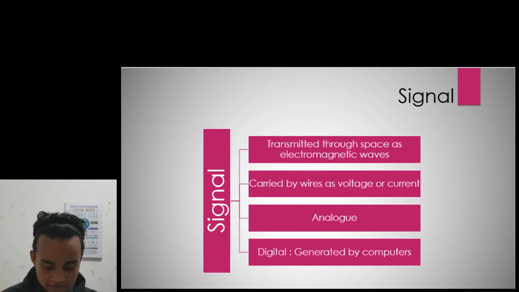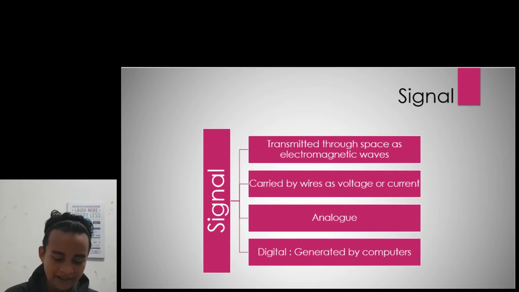The signal is transmitted through space as an electromagnetic wave and carried by wire as voltage or current, like analog and digital, also generated by a computer.